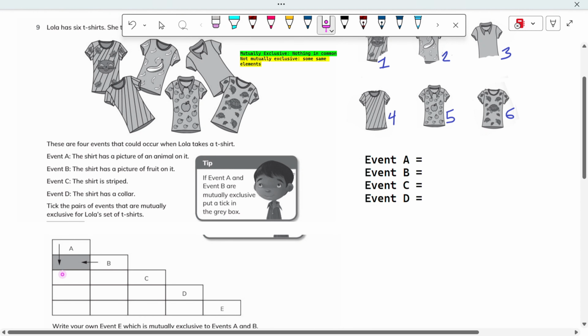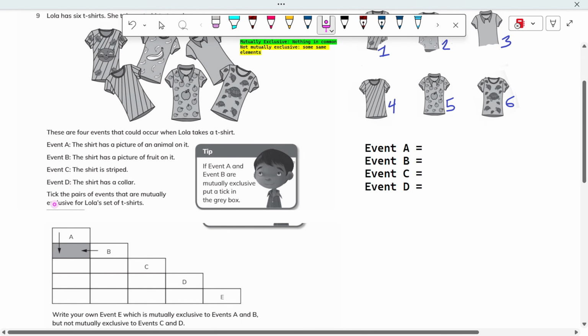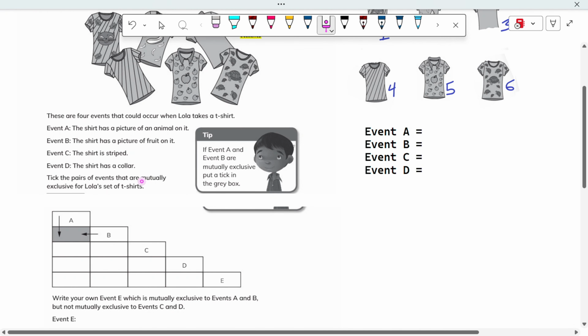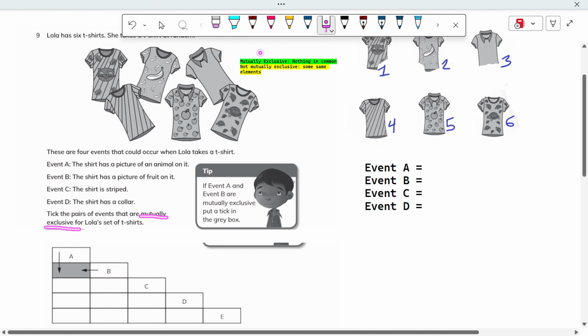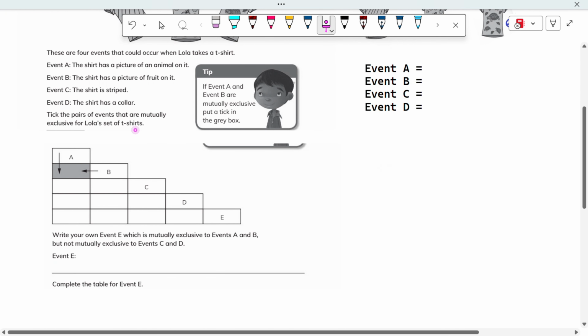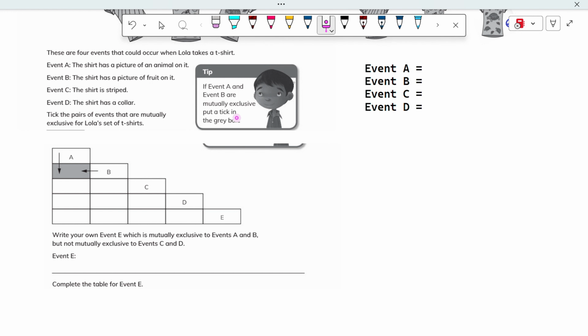Then after that, we are supposed to take the pairs of events that are mutually exclusive for Lola's set of t-shirts. So that means that mutually exclusive, we are going to take the events that have nothing in common. So we have a tip over here. Let's read it. If event A and event B are mutually exclusive, put a tick in the gray box.